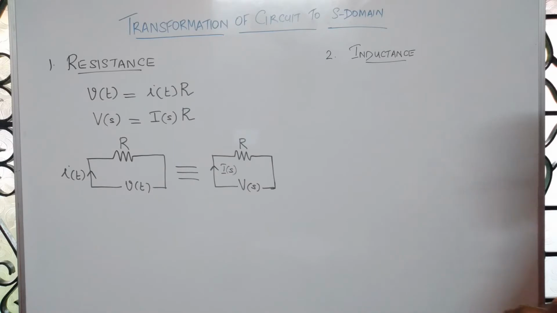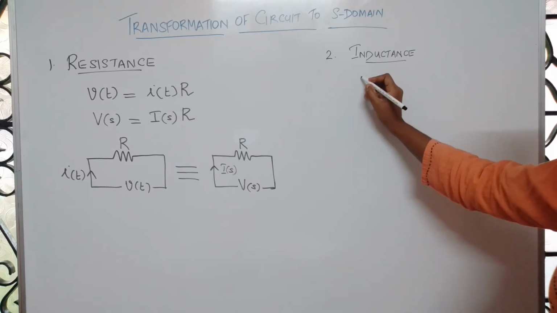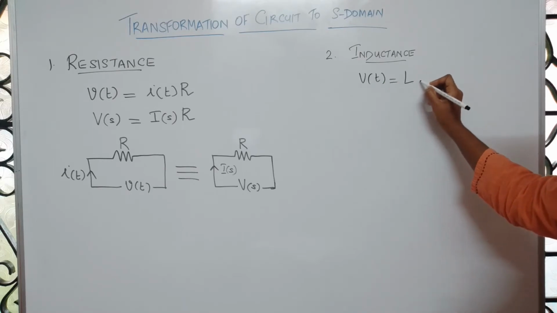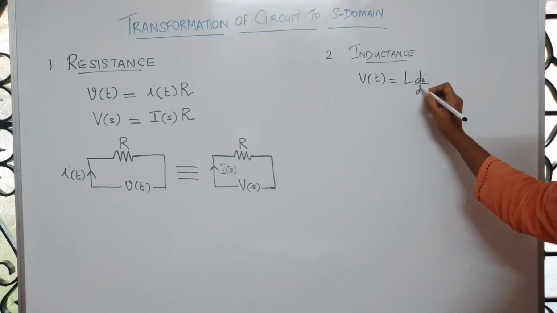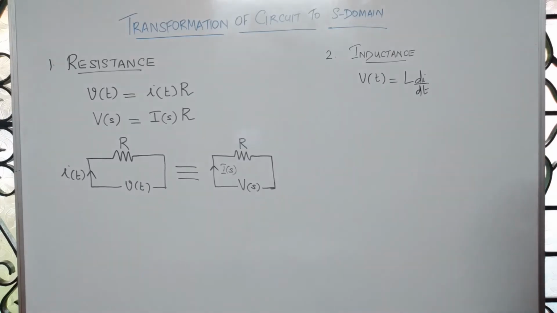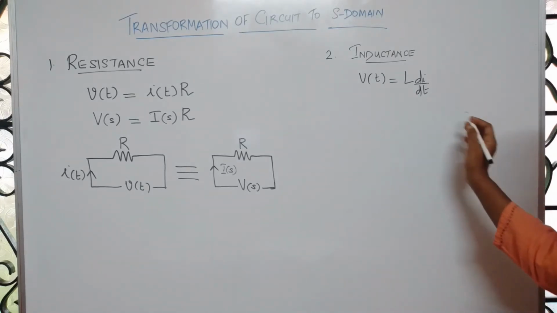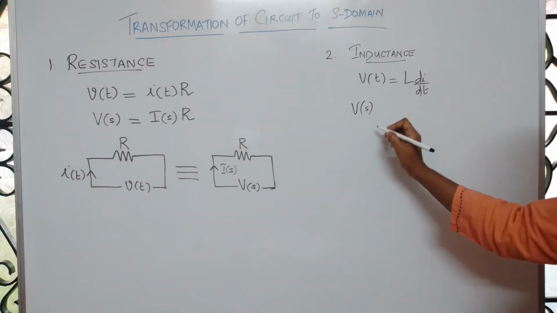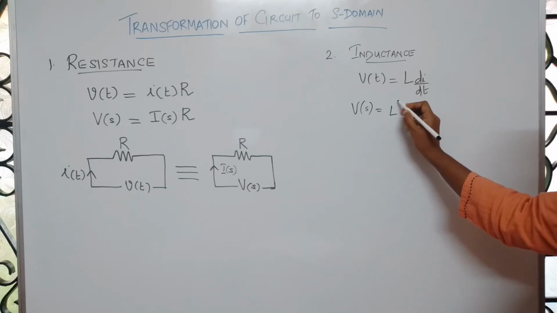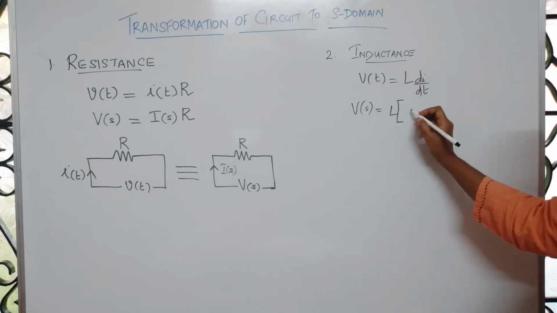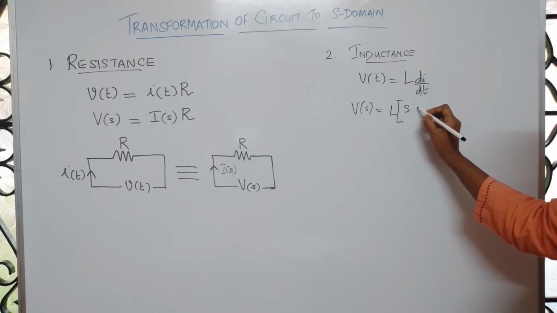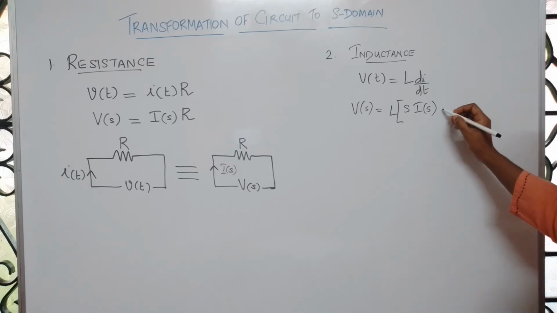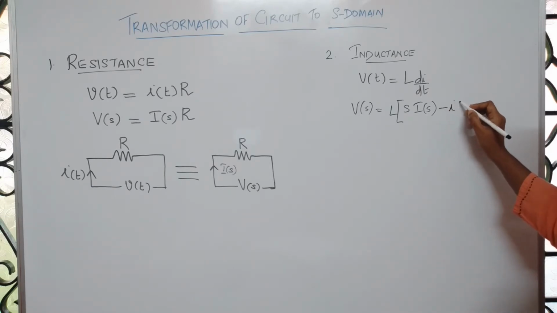It will be V of t equal to L into di by dt. Now let's take the Laplace transform on both sides. V of t is written as V of s equal to L into di by dt, time differentiation, it is s into I of s. If initial condition is present, you will have to consider that also.